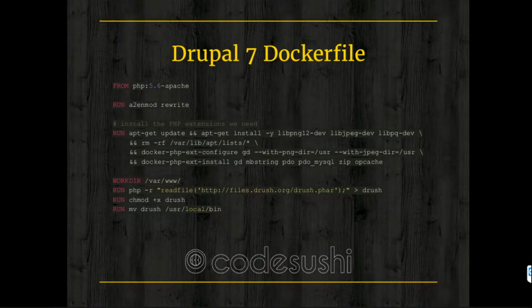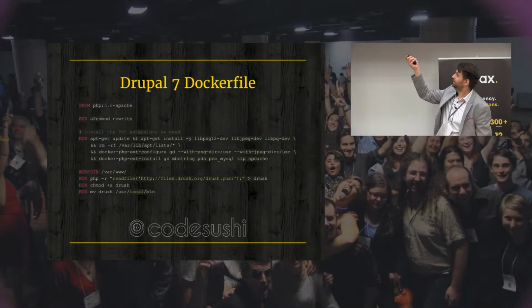Okay, so now it is a very short tutorial about the Dockerfile. This line tells Docker what we need to base the container that we are going to build on. So here we are telling Docker to pull PHP version 5.6 with bundled Apache and base our container around this.